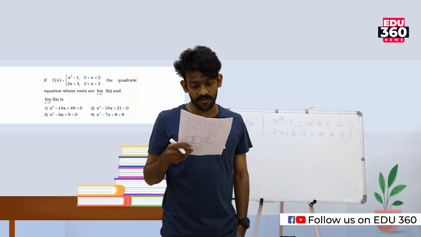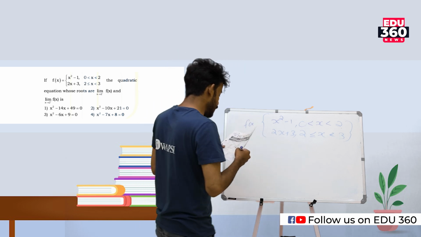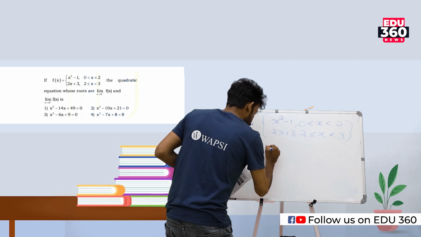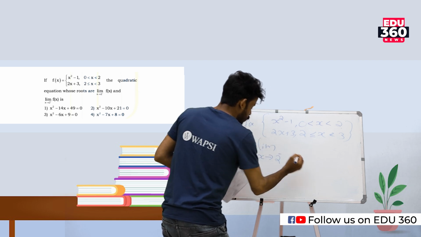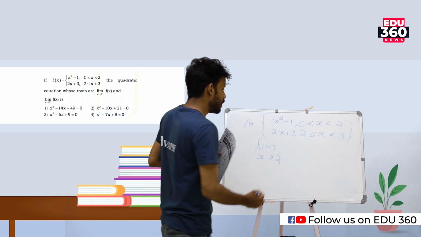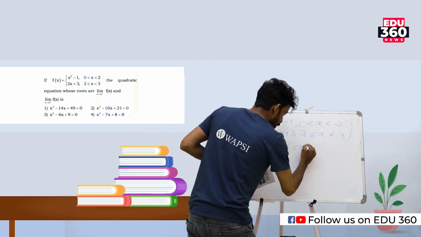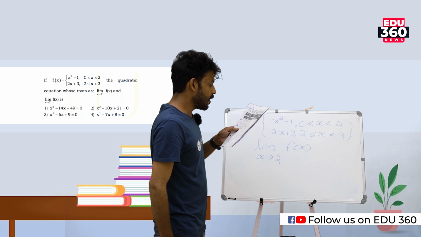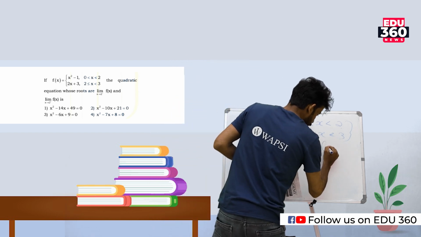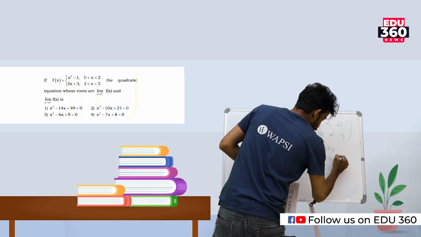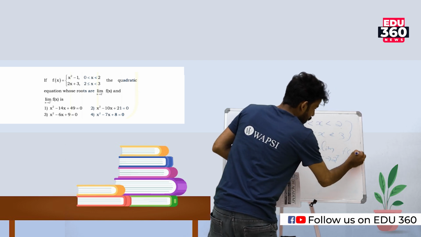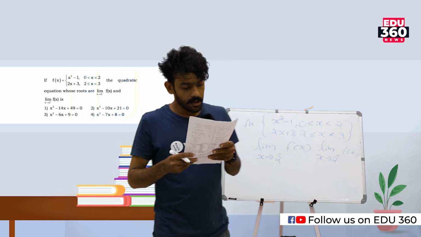limit x tends to 2 minus f(x) and limit x tends to 2 plus f(x).